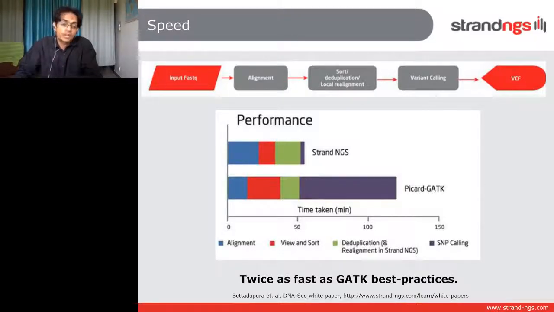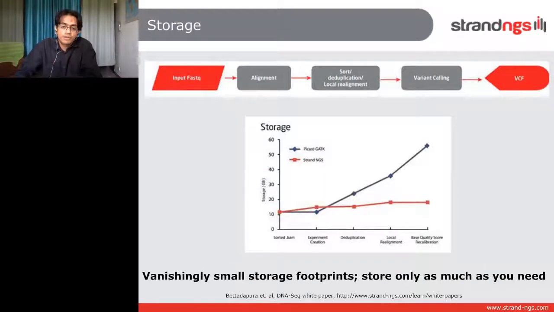The storage, now, this is another aspect which is very important, because every time you run a stage in DNA-seq, with typical workflows, you're actually incurring an incremental increase in the amount of data that you store, because every additional file doubles essentially what you had before. So it adds on the same size as you had before.